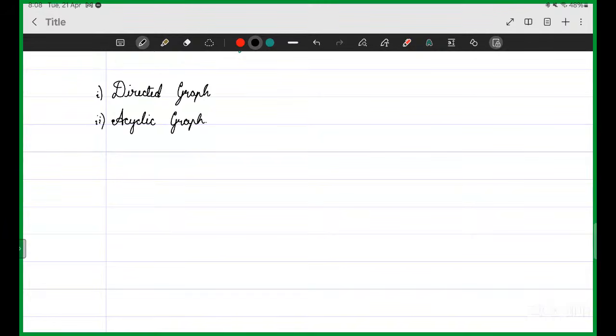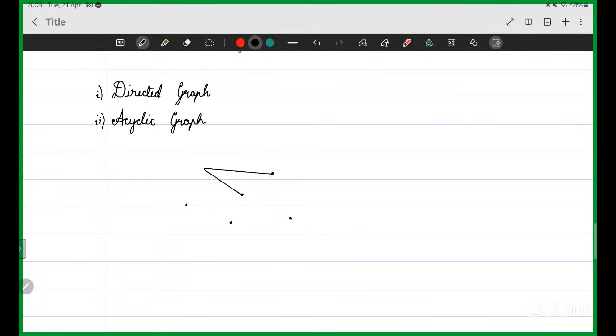Directed graph is where we have a direction from one vertex to another. Right. So a graph in general is a set of vertices and edges between them.